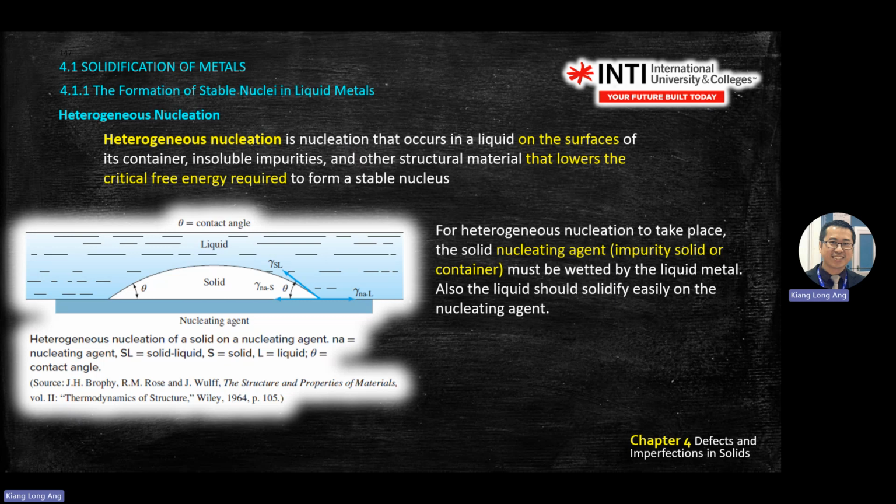Okay. So you will form an angle of contact between the solid and liquid surface. This will create a low contact angle between the solid metal and the nucleating agent. Let's say this is carbon and this is the liquid copper, for example.